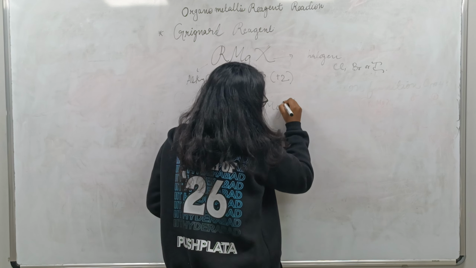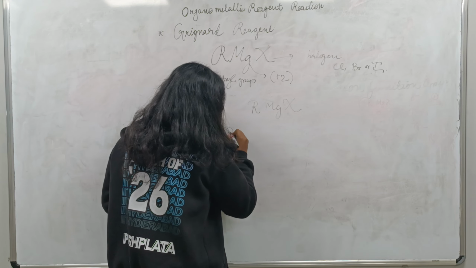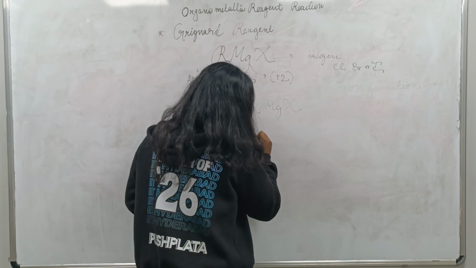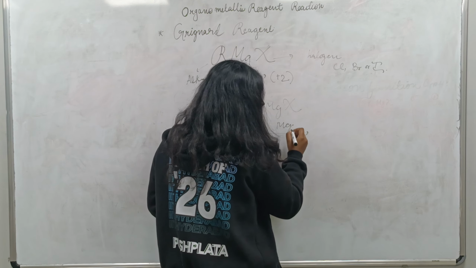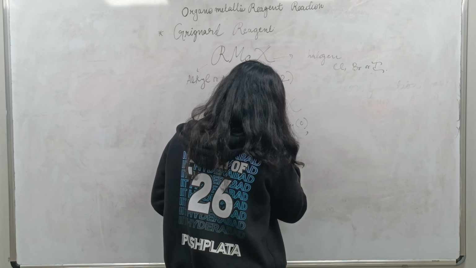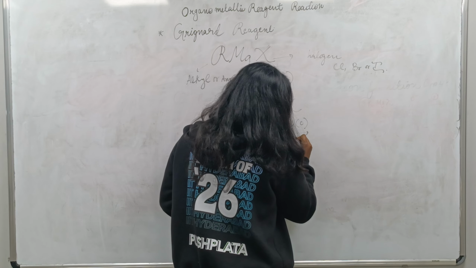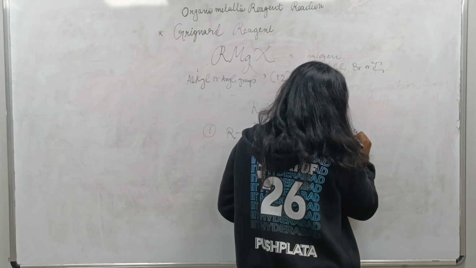Now RMgX, how is it prepared? First we take an alkyl halide reacted with magnesium, 0 oxidation state, in presence of ether, which gives RMgX.